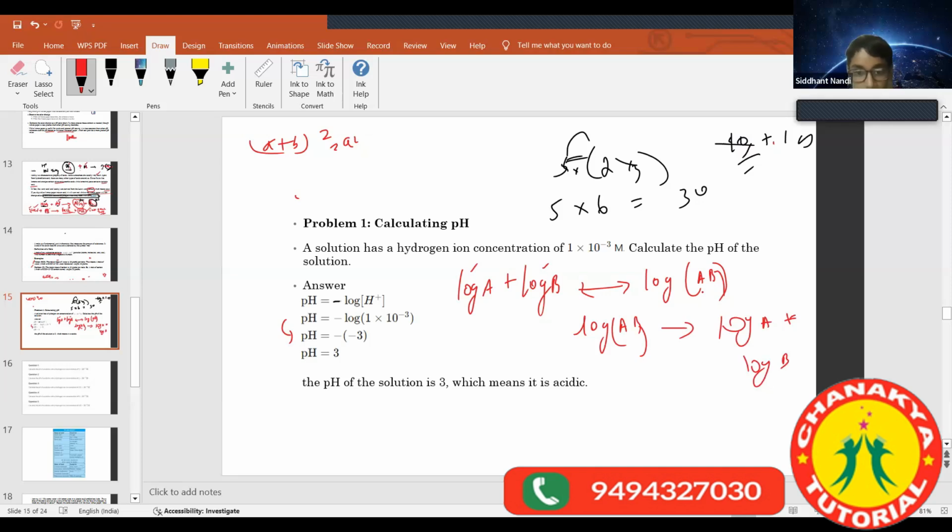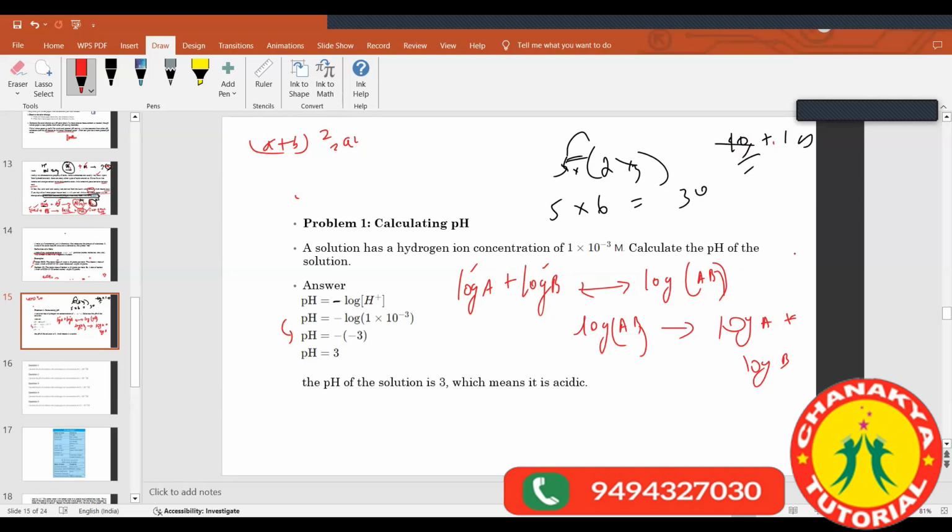Also you can take log a plus log b will be log of a into b, and log of a into b will be log a plus log b, like that. Now got it?